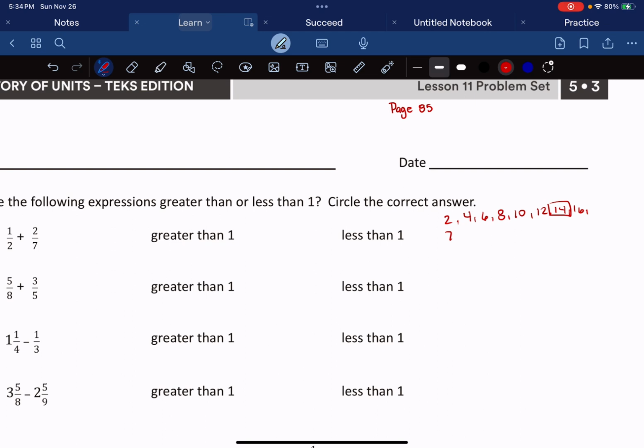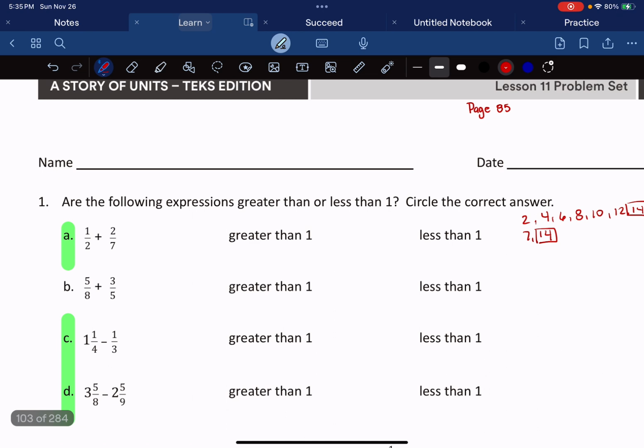Reminder, you don't want to keep going for too long because eventually they have a same number in common. So if you need to start with the next number, and then if you don't see something in common, then keep continuing with those numbers. So 7, I get 7, 14. So 14 is going to be my LCM. Those who are in class, I would pause the video as needed so that you can write down what you do need.